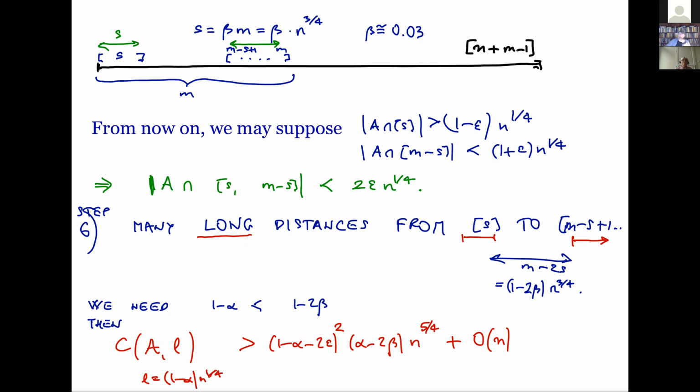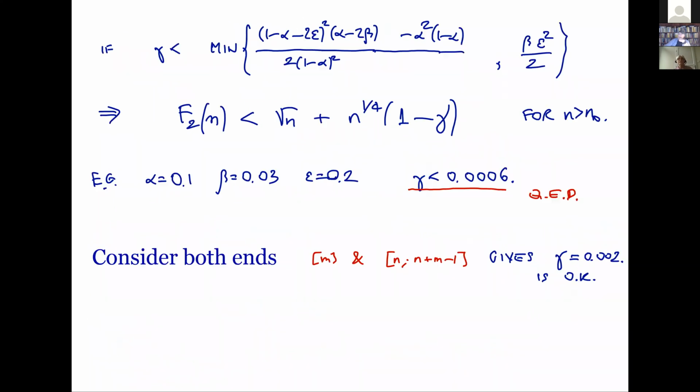Now, that's a calculation. This way we can prove only some small, positive gamma. When we wrote down, of course, we took both ends, we considered both ends of the interval, because the Sidon set is kind of symmetric, or the hypergraph is kind of symmetric.